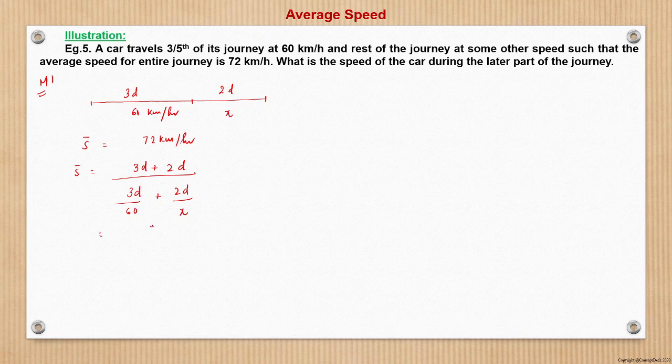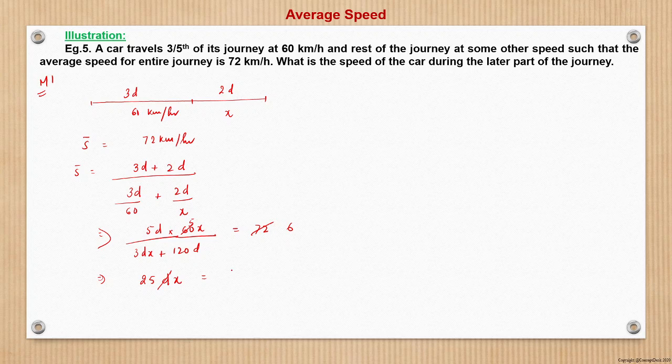So this we can solve as 5D upon, taking the LCM, 3Dx plus 120D in the numerator and 60x in the denominator, and we equate this to 72 km per hour, right? So here it becomes 25Dx, and D will get cancelled out from numerator and denominator.